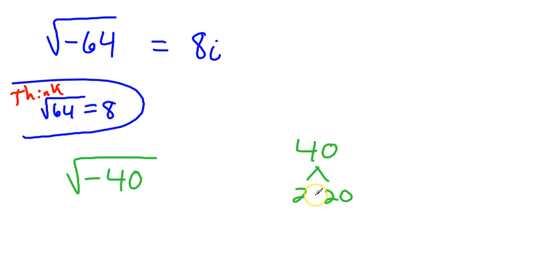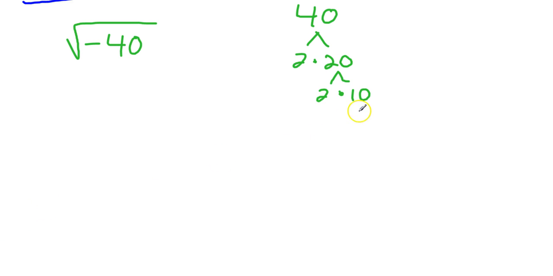If you go with the factor tree, it's 2 times 20, which would be 2 times 10, which would be 2 times 5. And with the negative, you could basically just put the negative 1 out front. And then you've got 2 times 2 times 2 times 5.